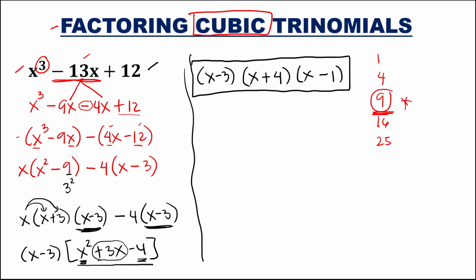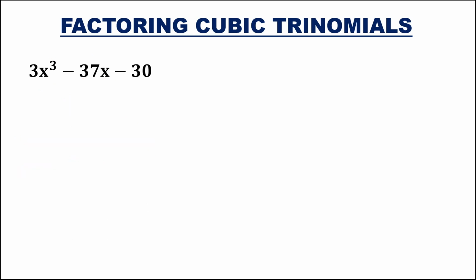Then for this given, to find the factors, again using this middle term, we need to find a perfect square number closer and less than this middle term. So from these perfect square numbers, 1, 4, 9, 16, 25.